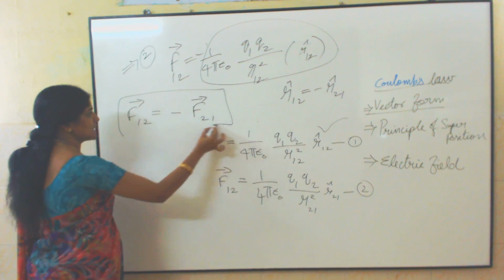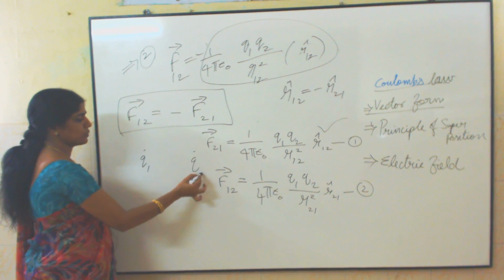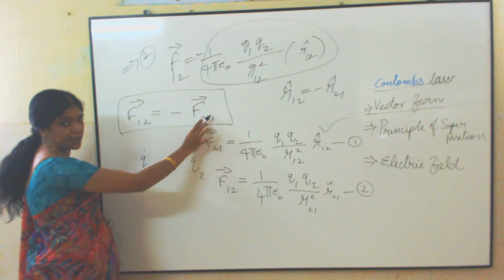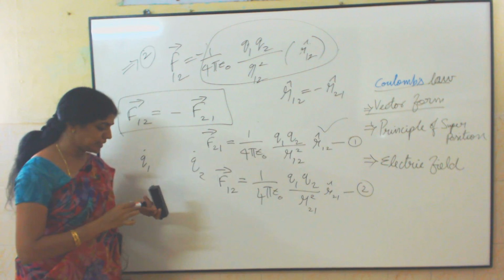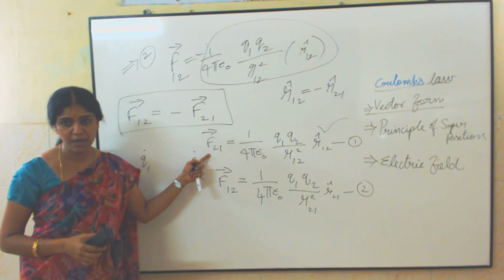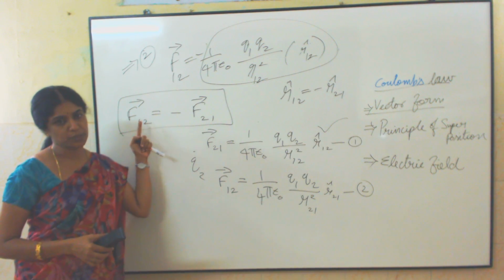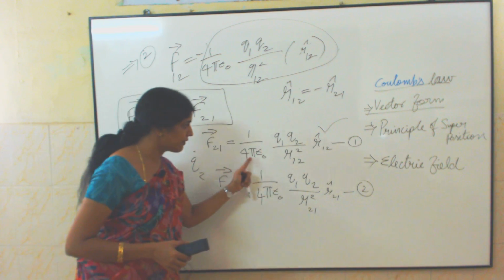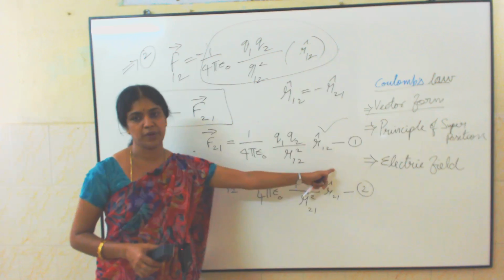So, the forces exerted on the two charges Q1 and Q2 will be equal in magnitude and they act in opposite directions. How will the forces be on these two charges separated by a distance R? They will be equal in magnitude and act in opposite directions.